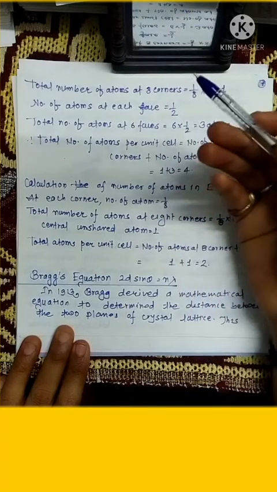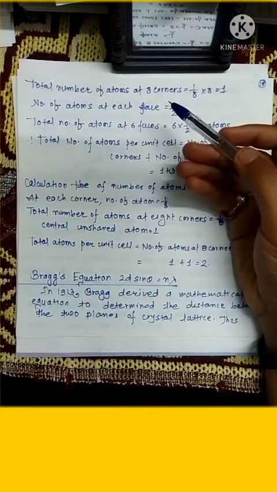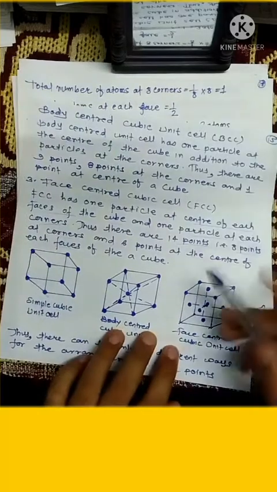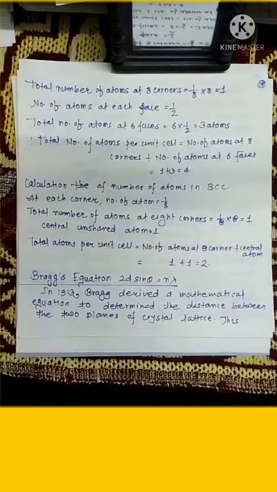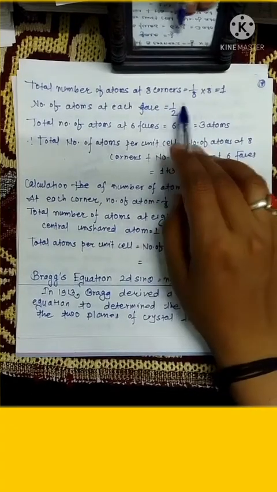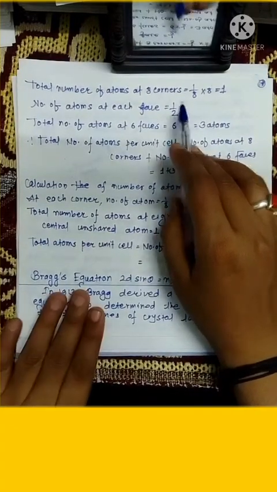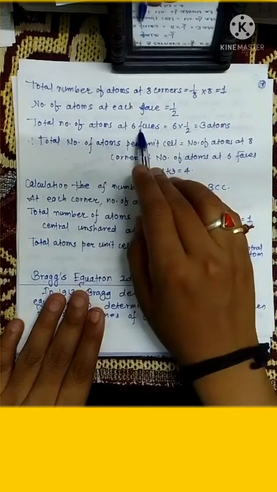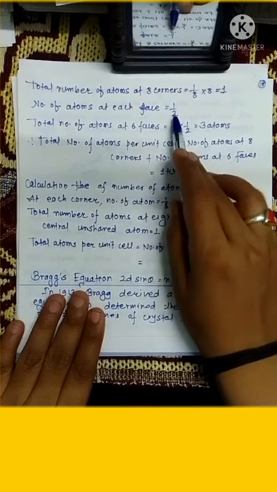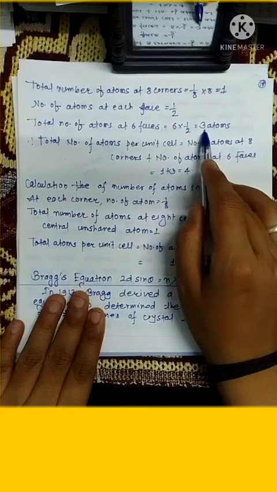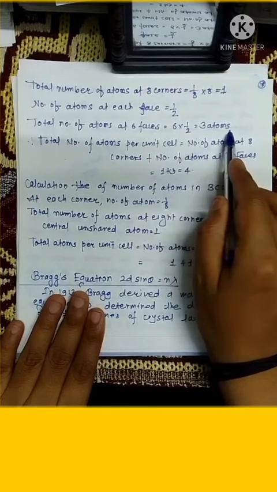Because half the portion of the atom is inside the cube while half is outside the cube, and that's why the 50% is written as half. So there are 6 faces, so multiply half with 6. So the total number of atoms is 3 atoms.